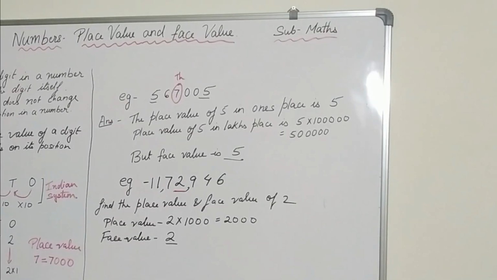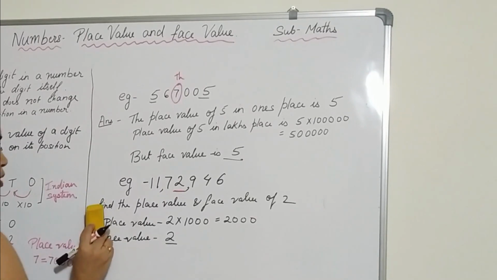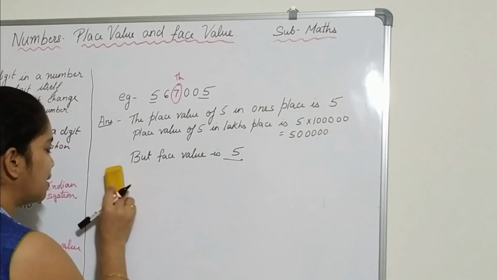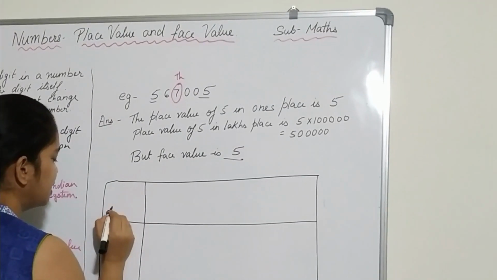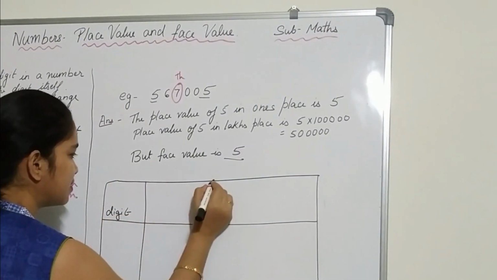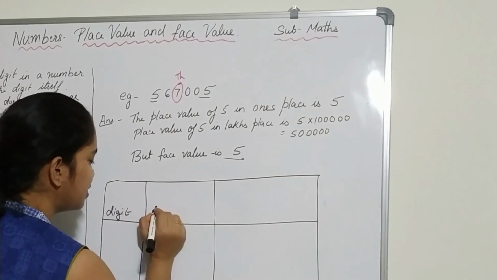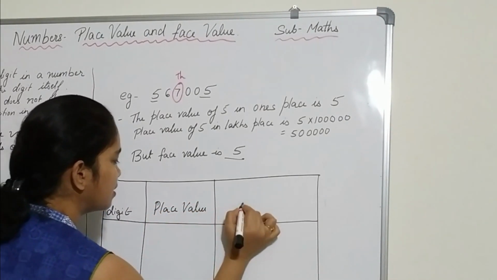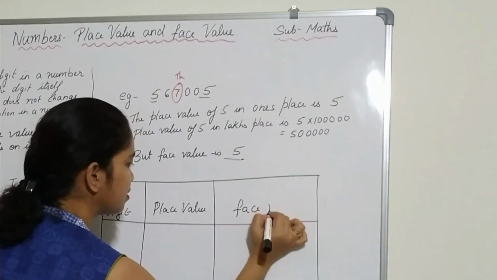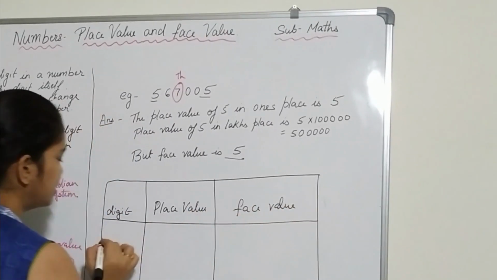Now we will take an example to find out a digit, and I'll place the digit in a chart. So this is the digit, this is the place value, and this is the face value. I have put it in the chart.